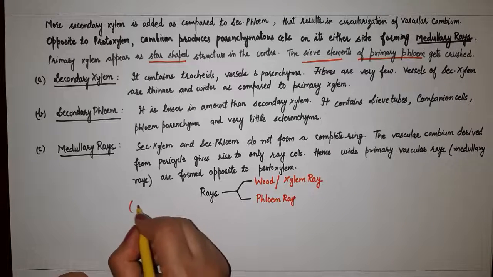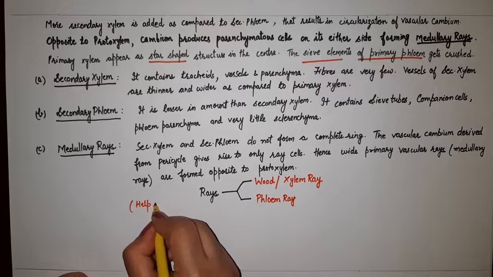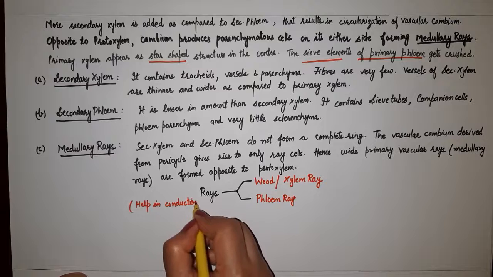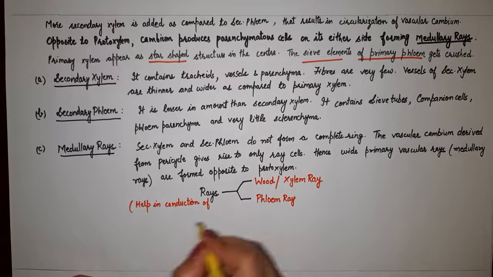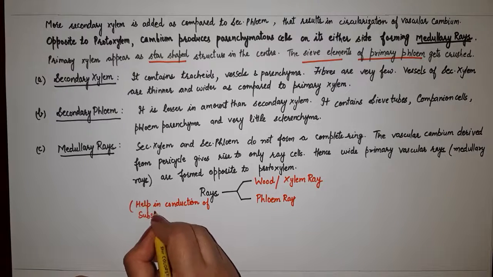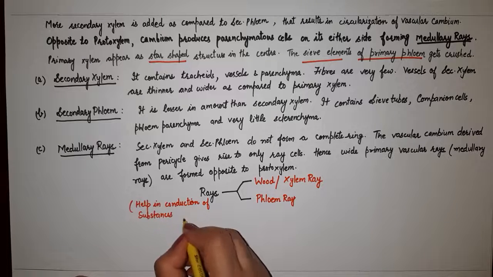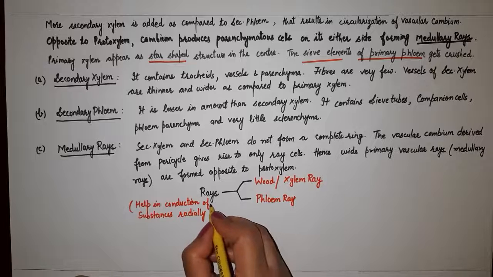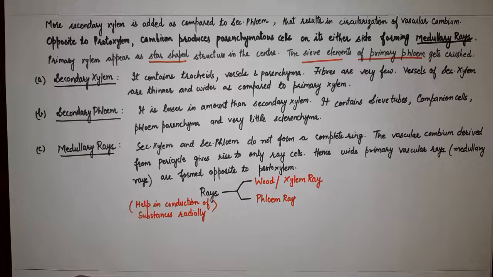These medullary rays help in conduction of substances radially. So, they are involved in radial conduction of substances. So, that was the second step, the activity of cambial ring. Okay.